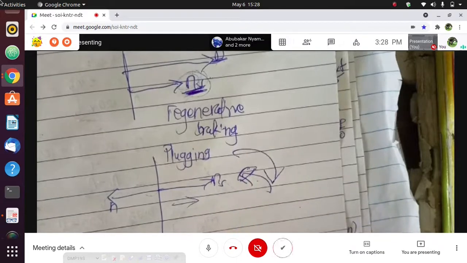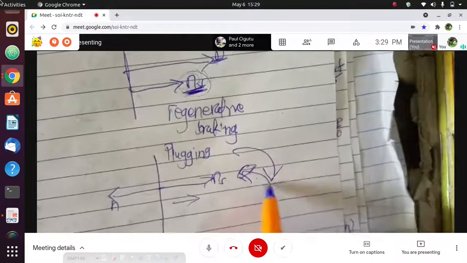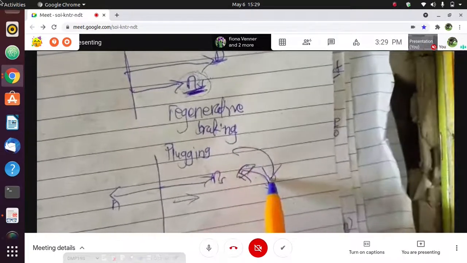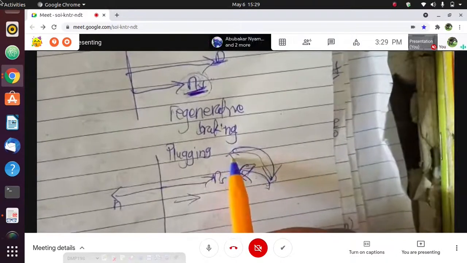Why? Because these induction motors work on the principle of induction. When there's a magnetic field, the magnetic field induces voltage, voltage produces current, current produces a magnetic field, and these magnetic fields interact so that they can have a deflecting torque. Now, when this stator field changes direction, remember it stops, and then once you change the phase, it will stop and then start rotating in the opposite direction.